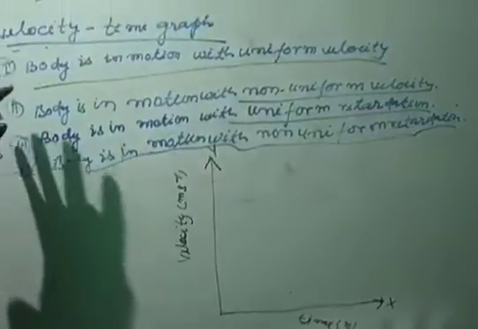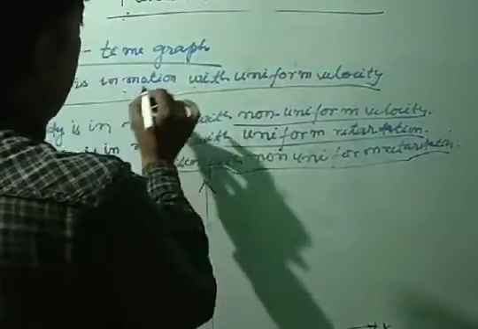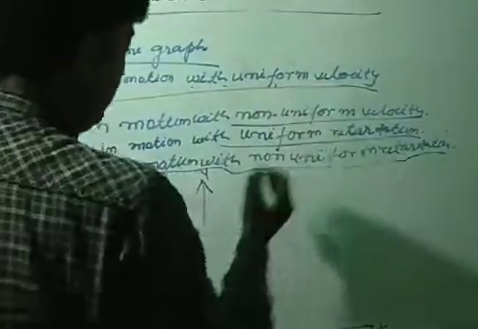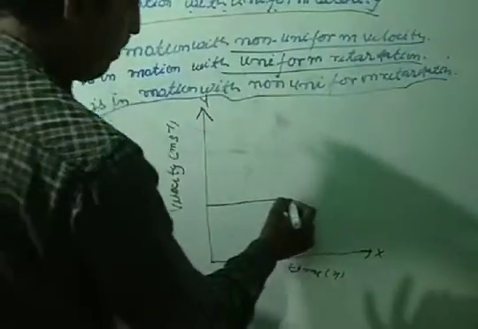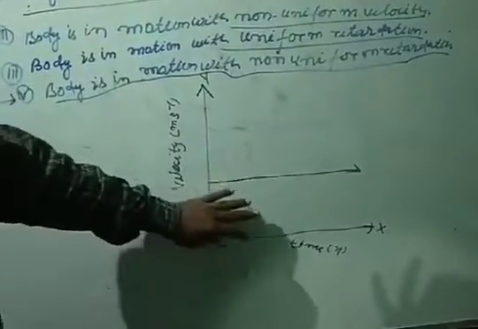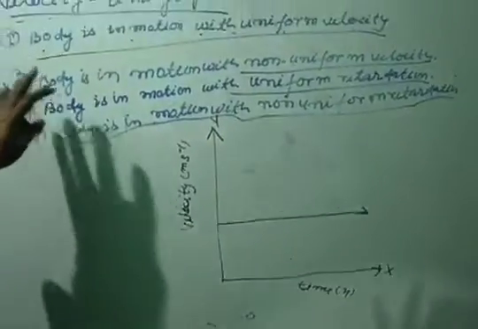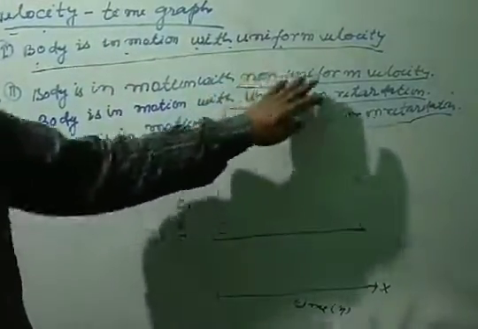For representing the body in motion with uniform velocity, the graph is parallel to time axis.